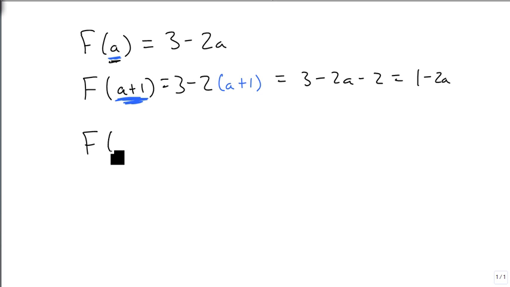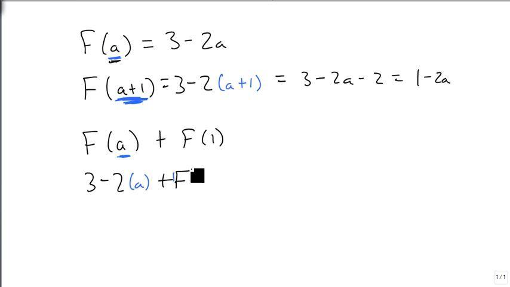Now, while we're here, I also want to talk about just a little bit of a difference between the following. So here, I'm going to start with F, and wherever I see an a, I'm going to replace it with an a. And then I'm going to add F again, but wherever I see an a, I'm going to replace it with a 1.